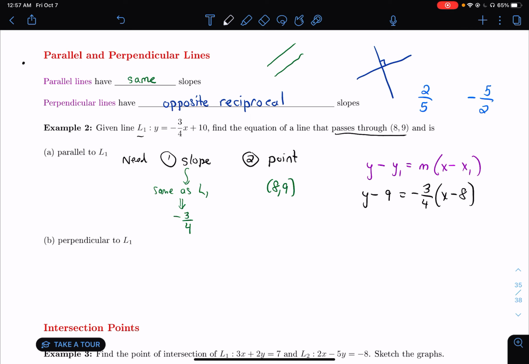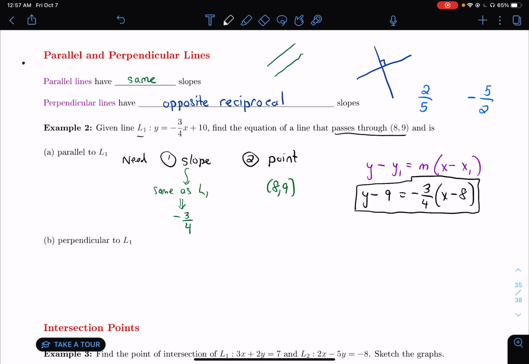All right, cool. So that is my equation in point-slope form, and it's totally fine to leave it like that, because that's definitely the equation of a line, just in point-slope form. Okay, nice. All right, part B now.